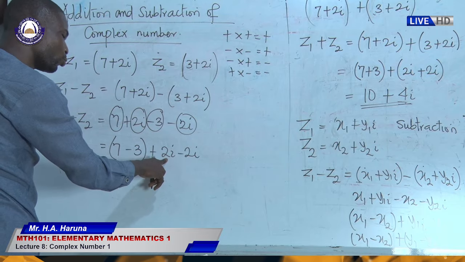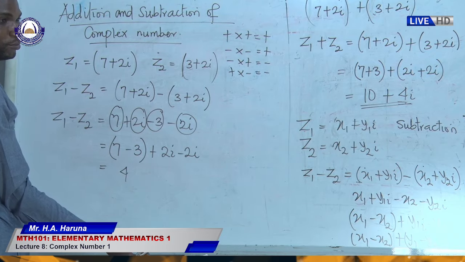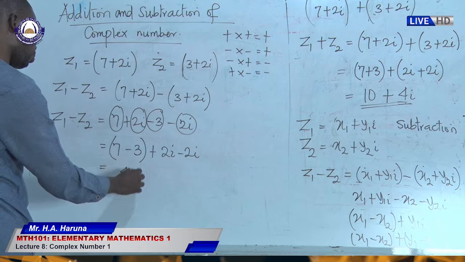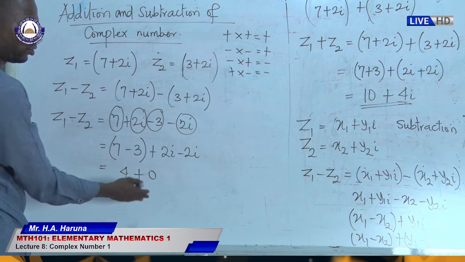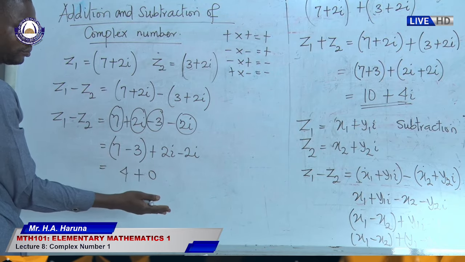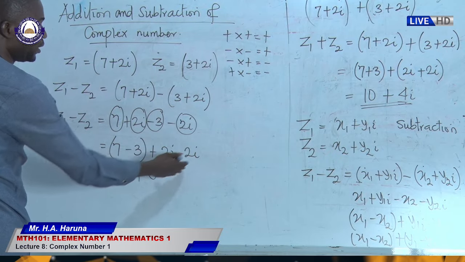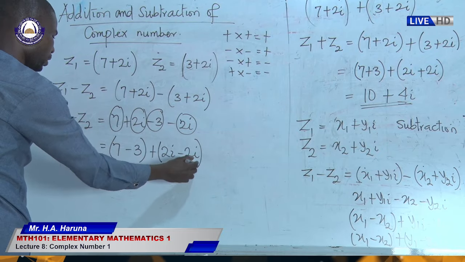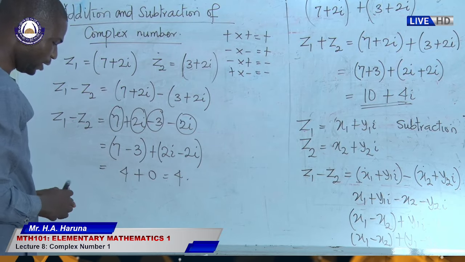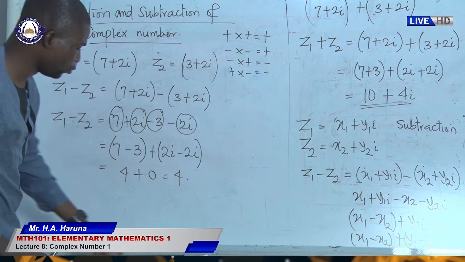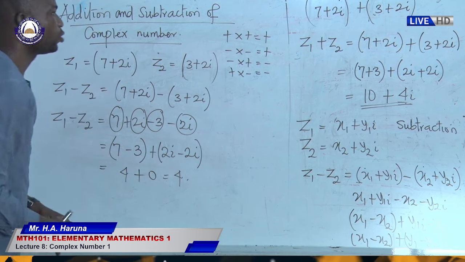Now 2i minus 2i is 0, so plus 0. So the addition gives us just a real number, because the imaginary part is cancelled from the operation of the negative. So you can put it in bracket as well, and then you have your answer equal to 4.